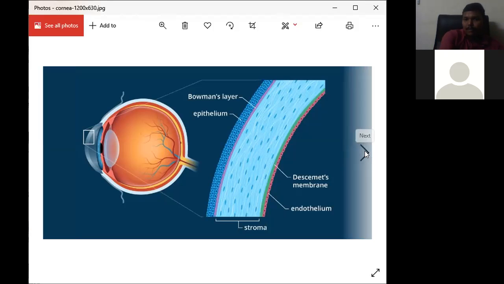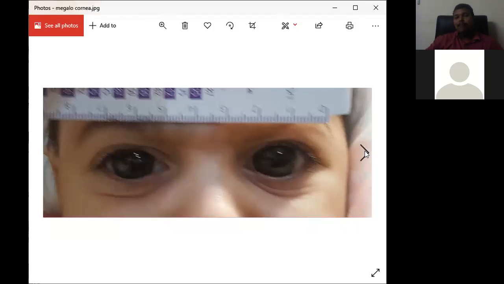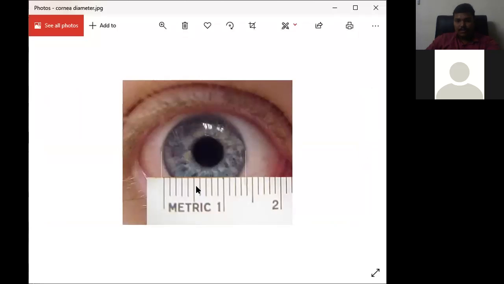If the cornea is large, it is called megalocornea. Here, if you see, the cornea is more than 11.7 mm at birth. How much is it here? It is around 14 mm. So this size is called megalocornea, right?